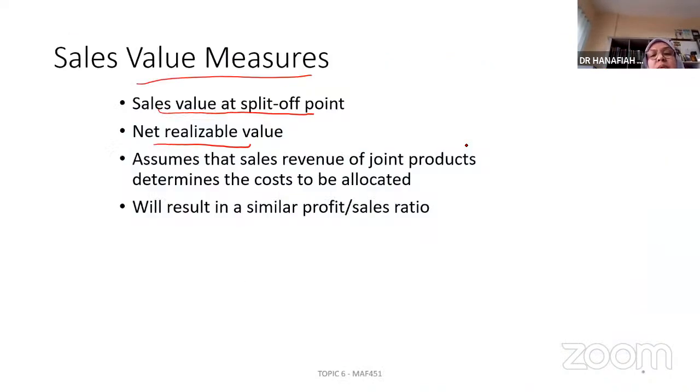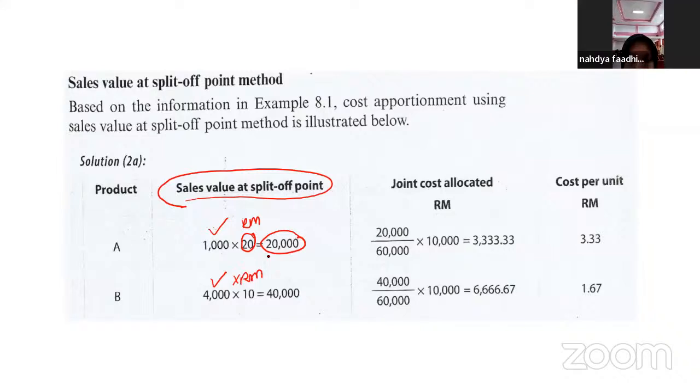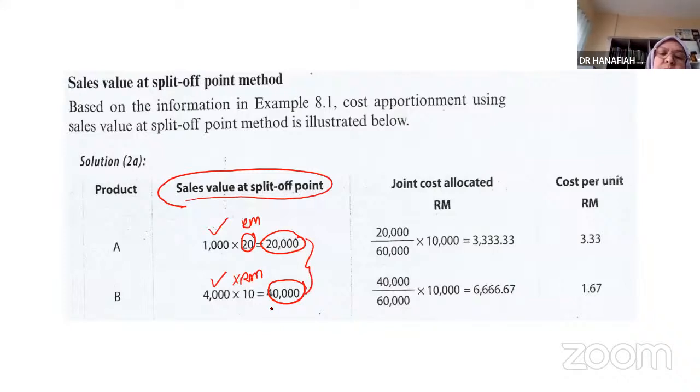We produce 1,000 A and 4,000 B. 1,000 A can be sold at RM20 and the value is 20,000. Product B can be sold at RM10, and the value is 40,000. So in total, your value is 60,000.